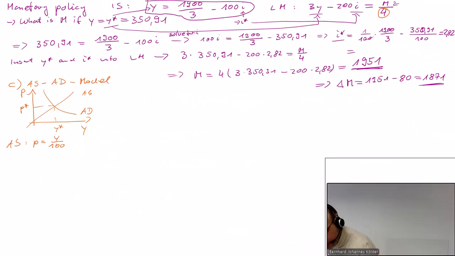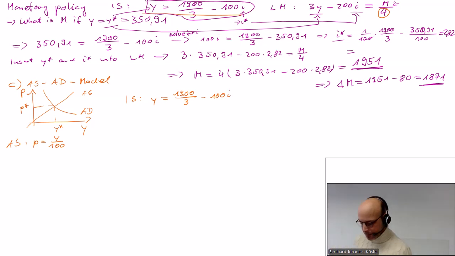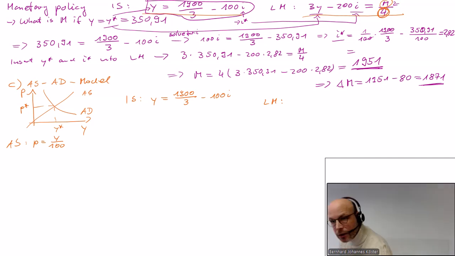This would mean we need IS still, this one. Y is 1 minus 100A. And for the LM curve, now we have this one, now with M is 80, our initial value, but not P equal to 4, but only the variable P. Okay?